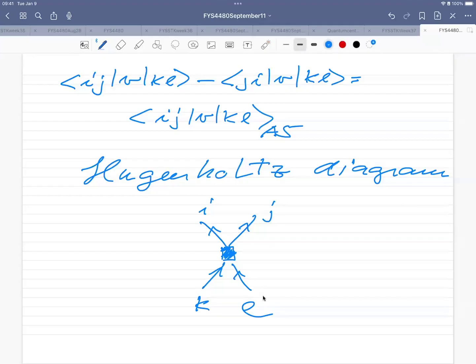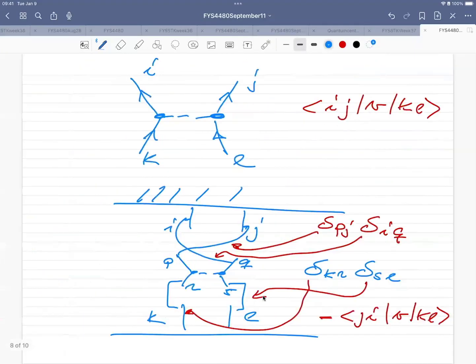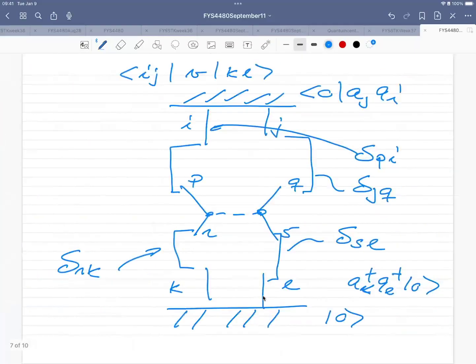This is a typical example of how we could extract the same results without doing any calculations. Because with this graphical way, where we bring together the different lines and think of them as mathematical contractions, you can reduce all the mathematics to drawing diagrams.